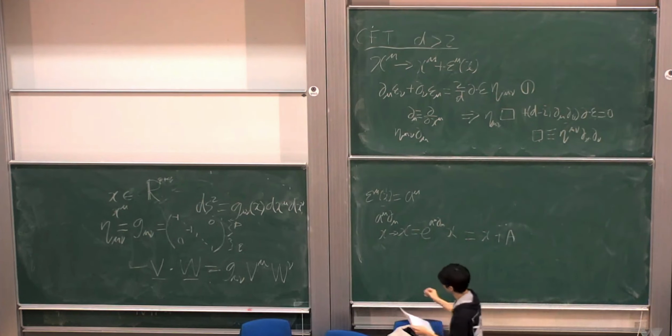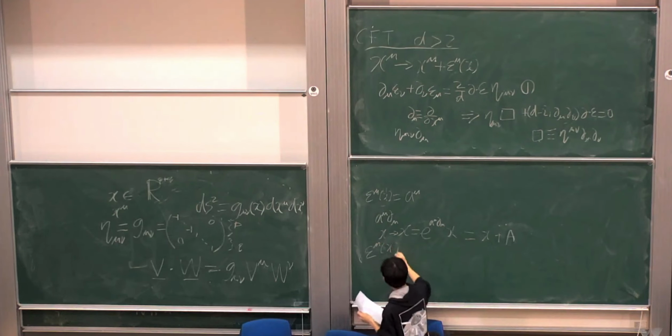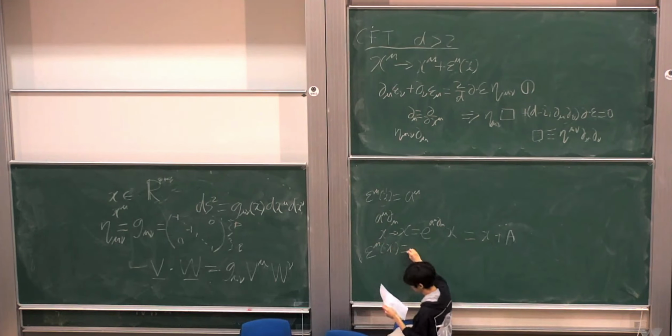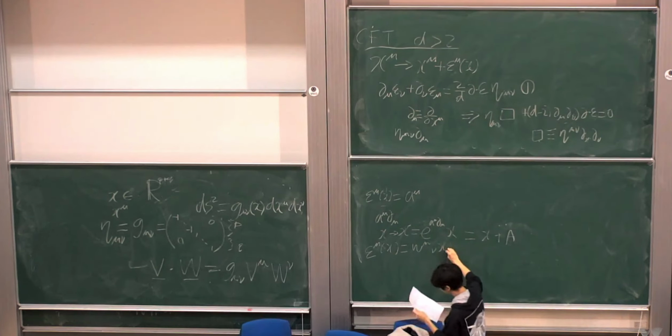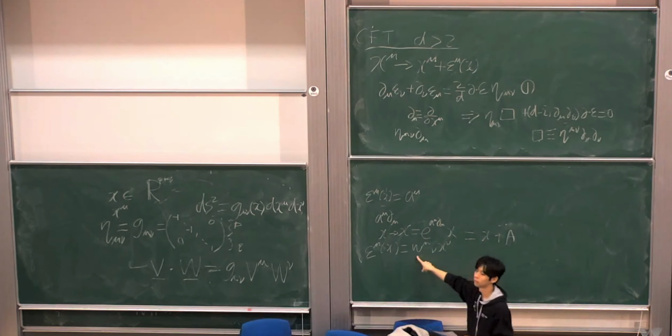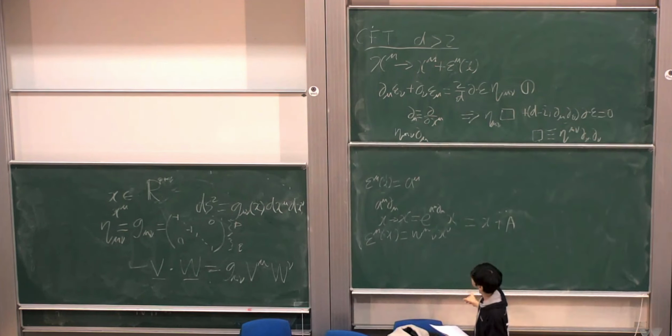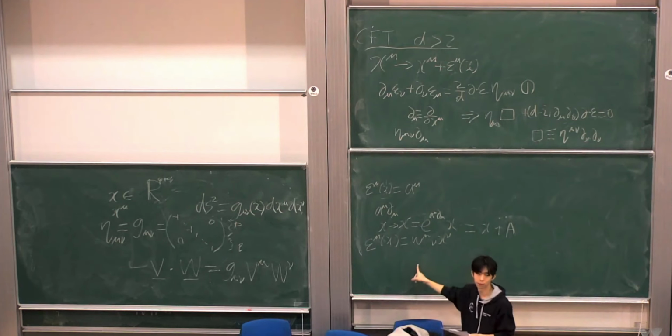And if epsilon is linear in x, in this form, omega nu x nu, this omega is a matrix, and it's constant, it doesn't depend on x.